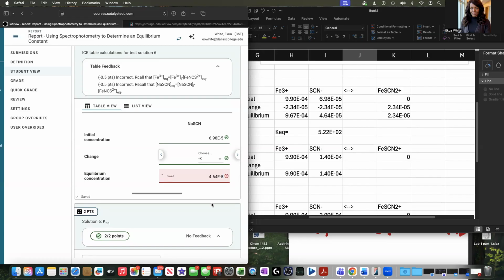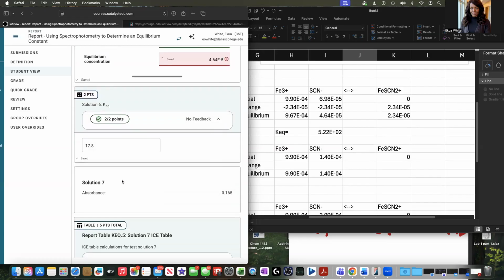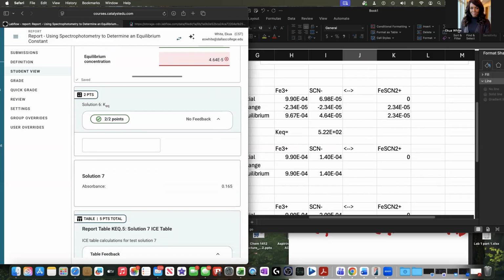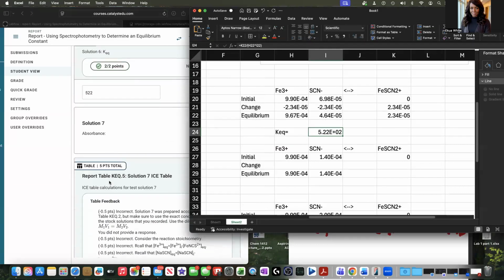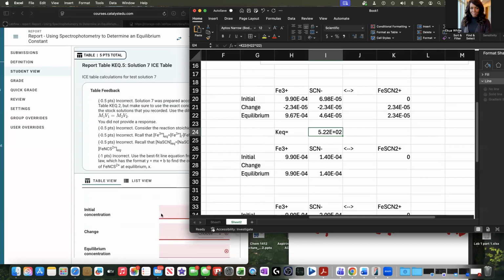Okay, for my next one here, and then my K equilibrium should be 522. That's what it looks like. K2. Okay, it's like 522, right? Okay, let's continue. Next one.